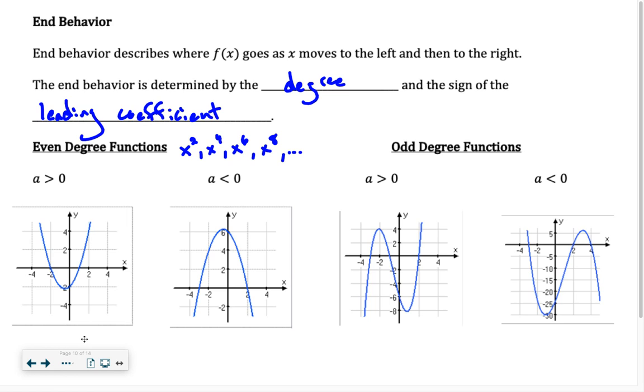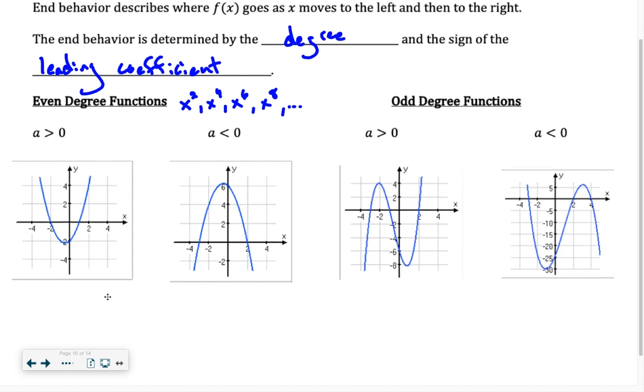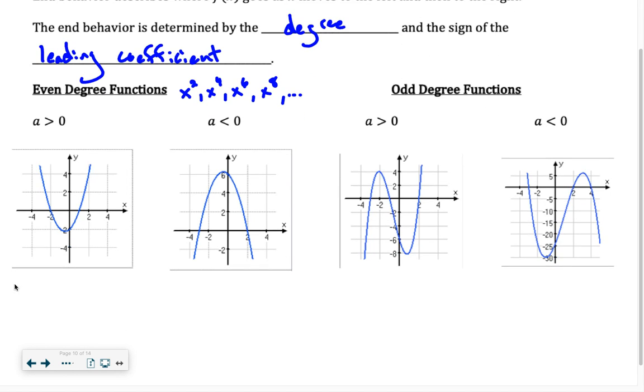Now, the way that we write this out, okay, we're going to say as x goes to negative infinity, right? So I'm going to the left, f of x goes to positive infinity, right? F of x meaning the y values, the function itself goes up.